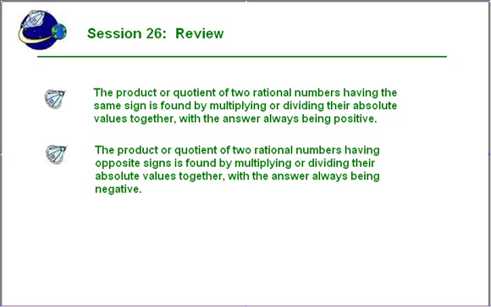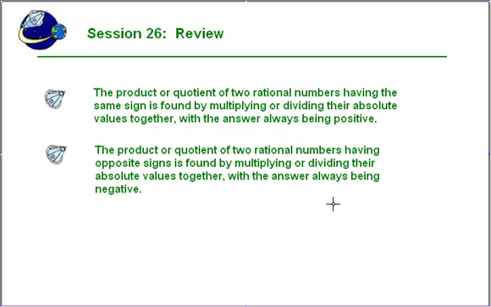And then lastly, just as a quick review, the product or quotient of two rational numbers that have the same sign is found by multiplying or dividing their absolute values together, with the answer always being positive. Then on the flip side, the product or quotient of two rational numbers having opposite signs is found by multiplying or dividing their absolute values together, with the answer always being negative.